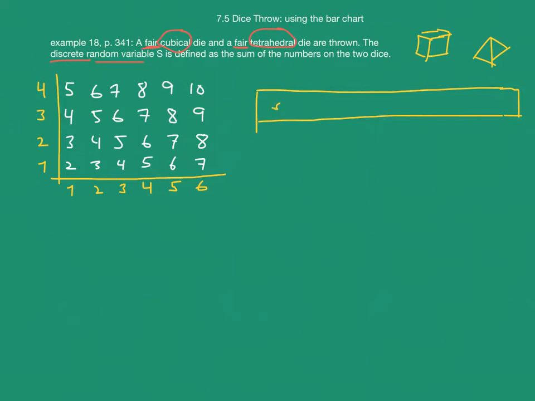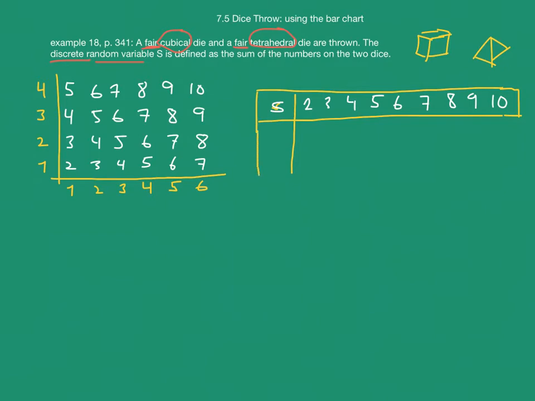So we use a lowercase s for the different values, and they can be 2, 3, 4, 5, 6, 7, 8, 9, and 10.